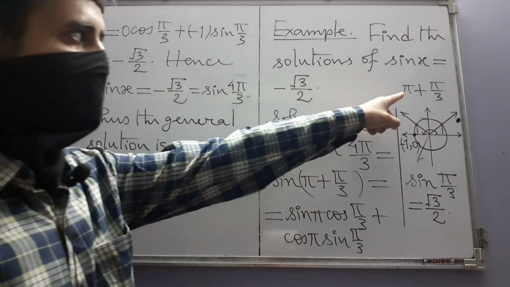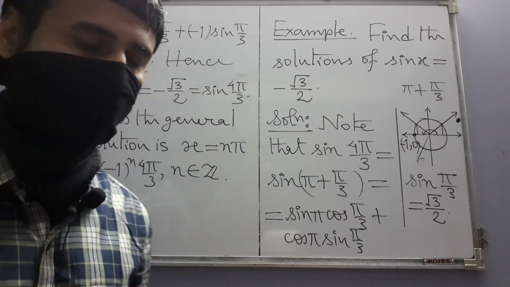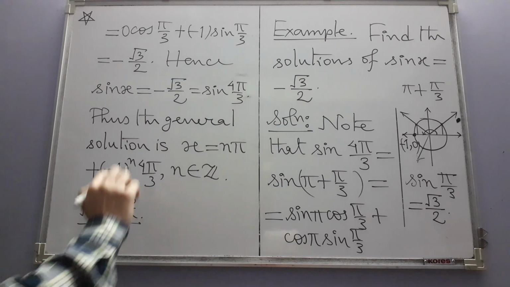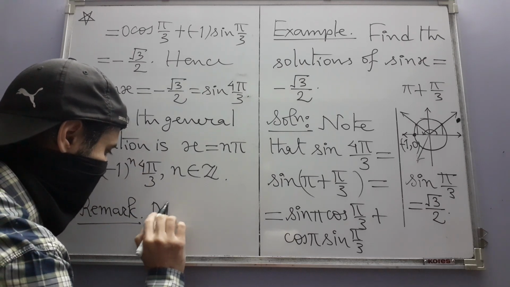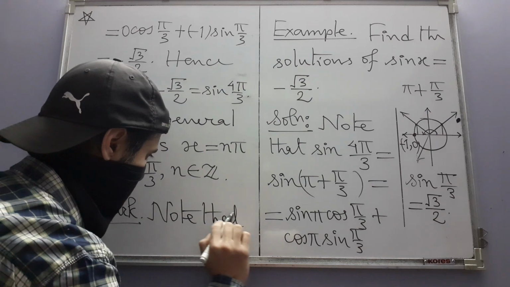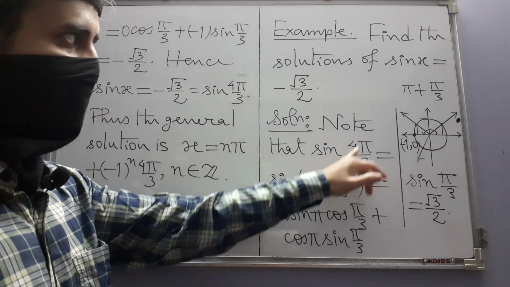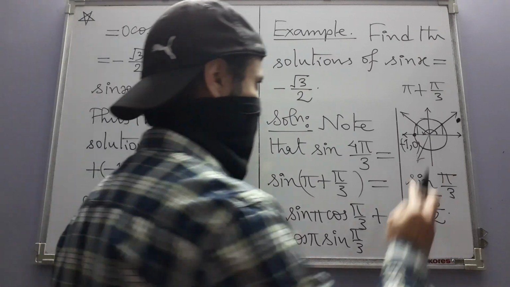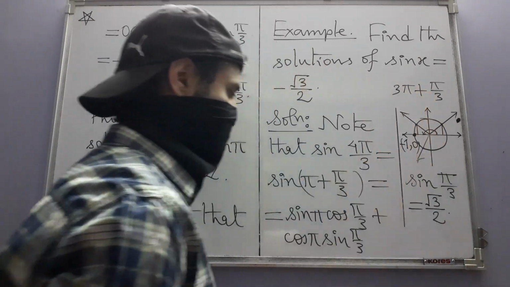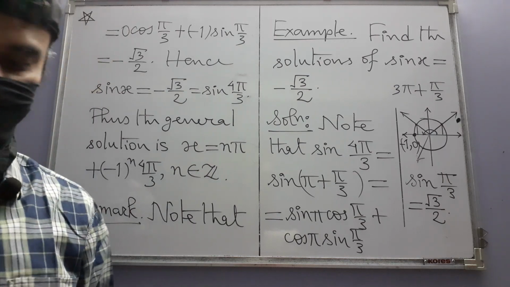Instead of choosing pi, had we chosen 3 pi, say, what would be the corresponding angle? 3 times 3 is 9, 9 plus 1 is 10, 10 pi divided by 3.